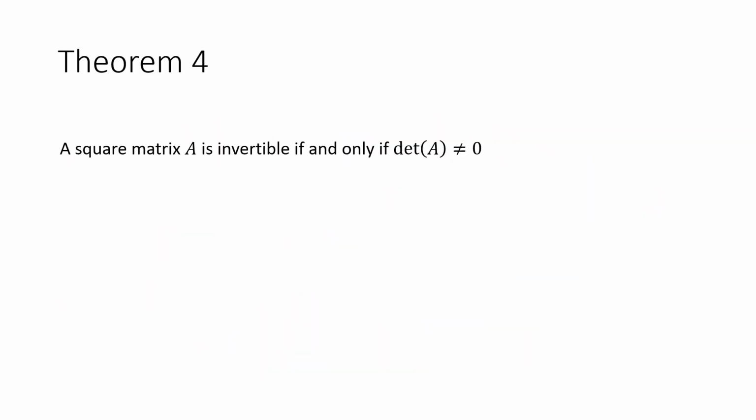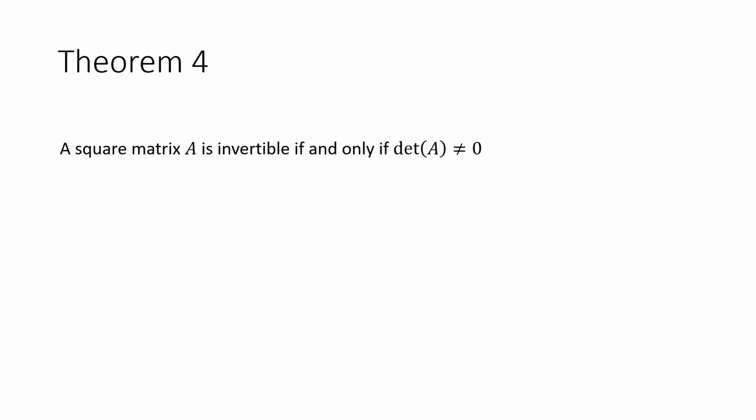So that gives a connection between elementary row operations and matrices. But it also leads to another theorem, that a square matrix A is invertible if and only if its determinant is non-zero. So why is that? Well, think of a diagonal matrix or a triangular matrix.